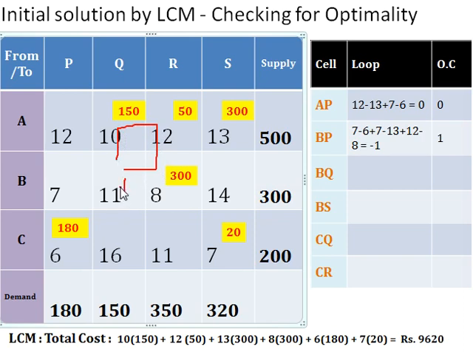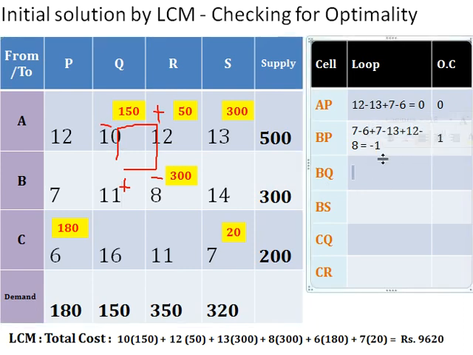So we have started from here: plus, minus, plus, and again minus. So we can calculate and take a summation here: 11 minus 8 plus 12 minus 10. So that will be equal to 5.